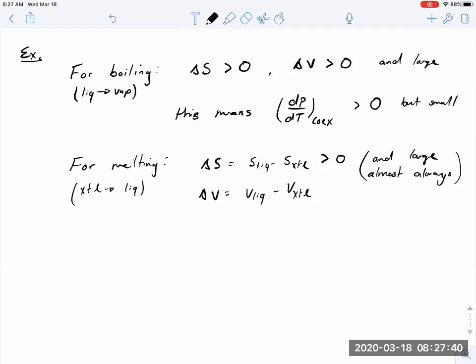But we know counterexamples. We know if we cool water, the volume of its solid is larger than the volume of its liquid. So we don't really know the sign. And also there are two condensed phases going from the solid to the liquid. There isn't a large volume change. So the change in the volume is small and could be positive or negative.